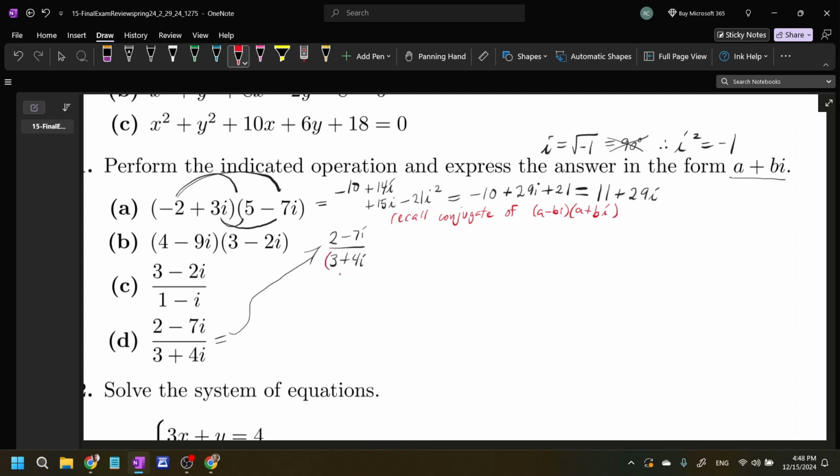So we're going to multiply this entire binomial. Please do not forget that if this is written in a fraction, there are parentheses here. These are not separable. You cannot separate this. We need to multiply the top and the bottom by our conjugate, which is 3 minus 4i.